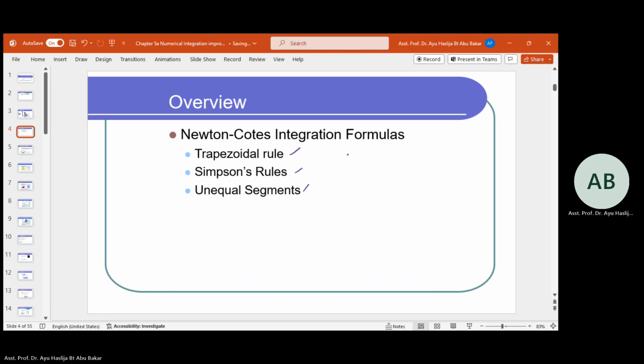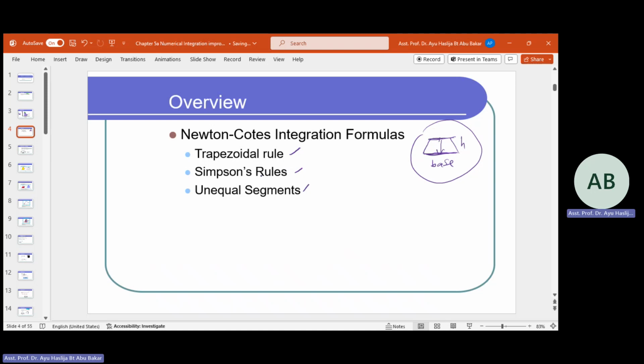Trapezium, where you have different sides, same base. Sorry. You have base, and then you have one height. So we will use this trapezoid concept in calculating the area under the curve.